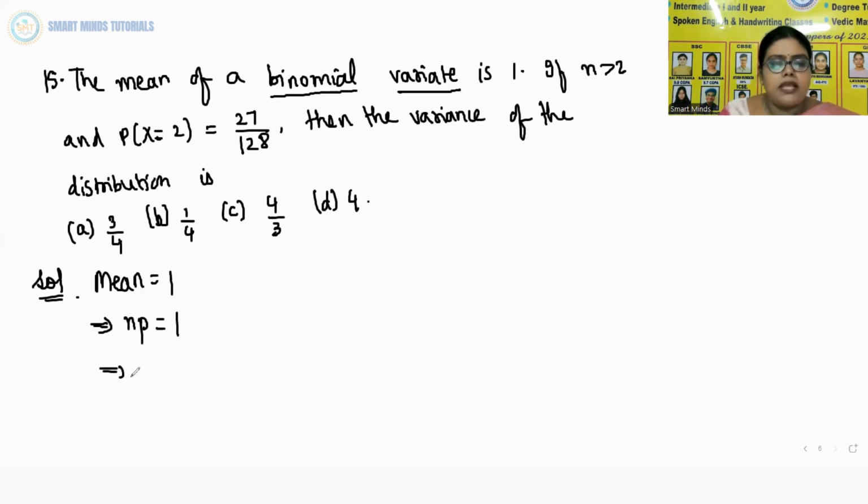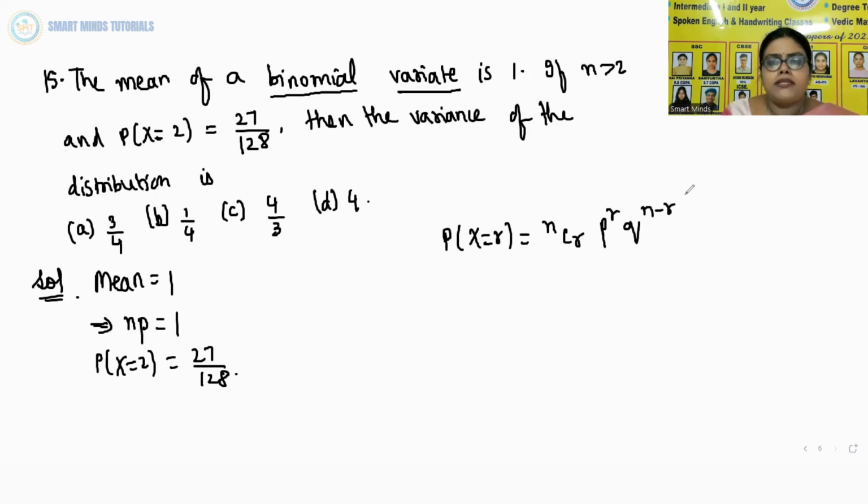So which implies, and also what is given to us, P of x is equal to 2 equals 27 by 128 is given. Now we have a formula in binomial distribution. P of x is equal to r is equal to NCr P power r Q power n minus r. This is the formula in binomial distribution.